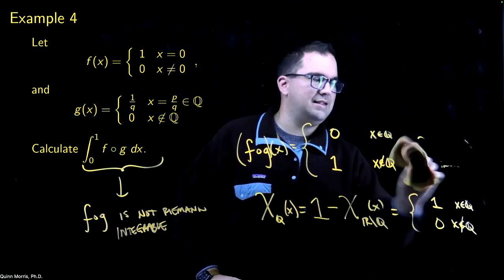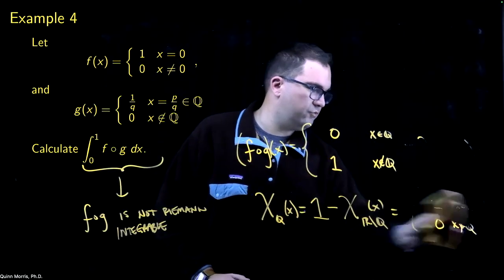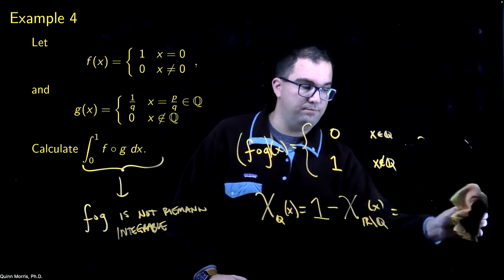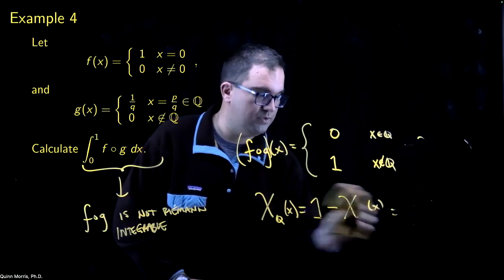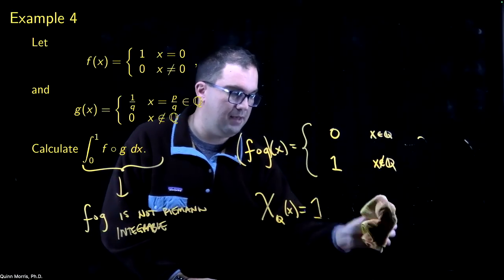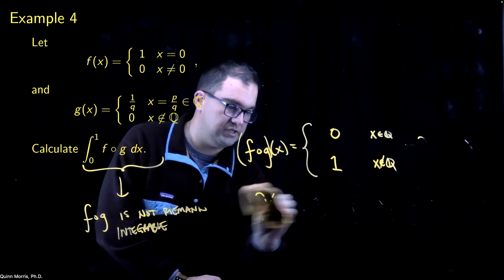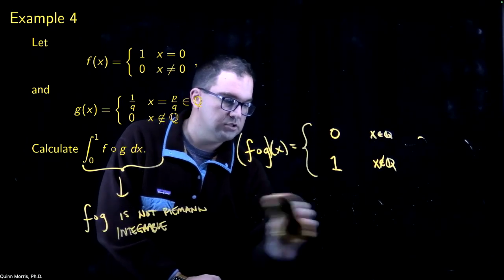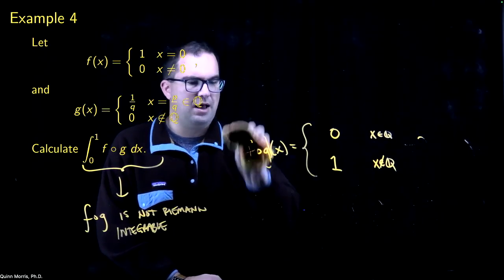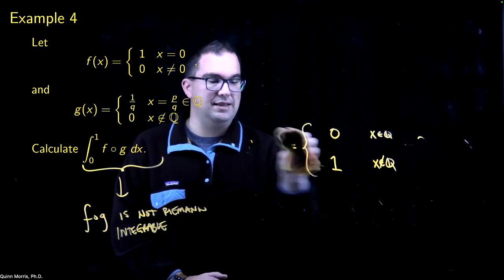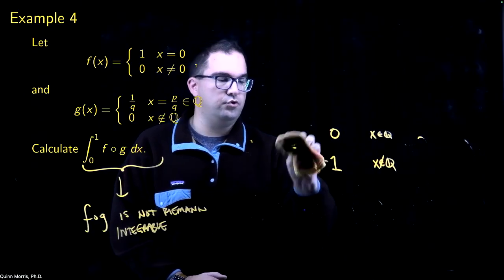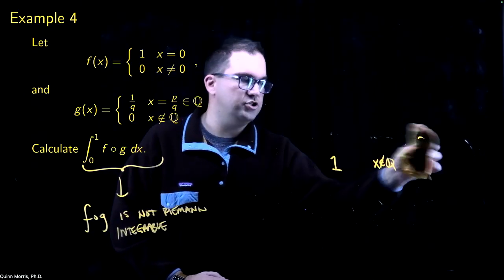Maybe I need something a little more than Riemann integrability, right? Certainly I know, for example, if I take two continuous functions and compose them, I get another continuous function. And a continuous function is always Riemann integrable.